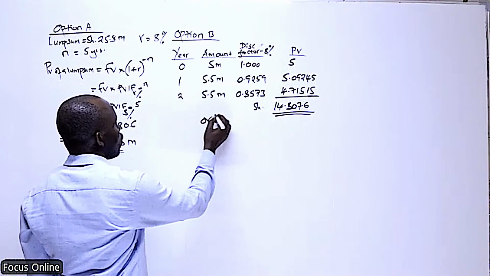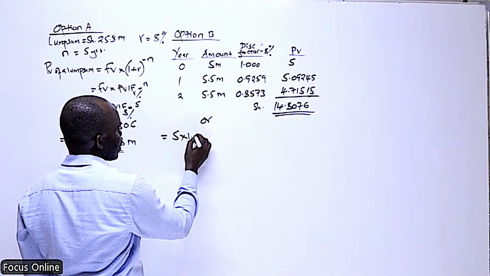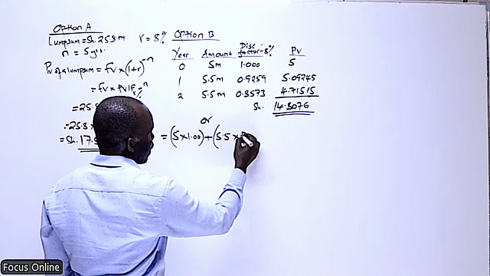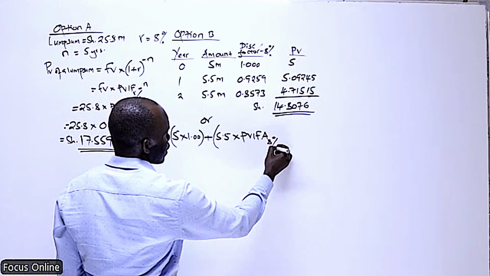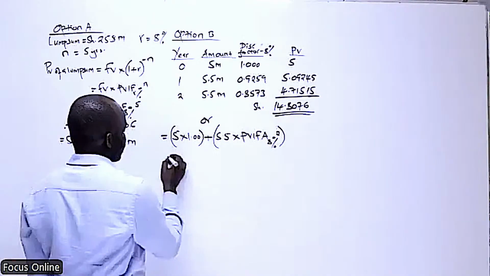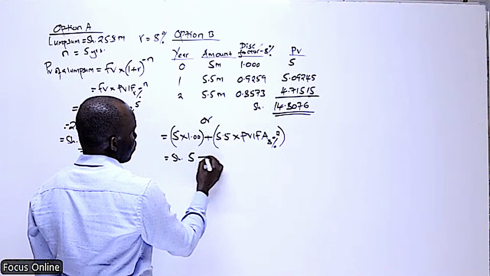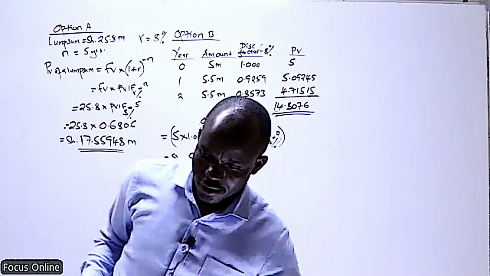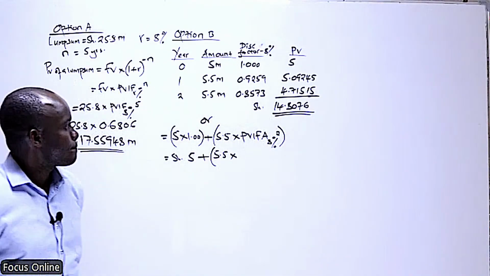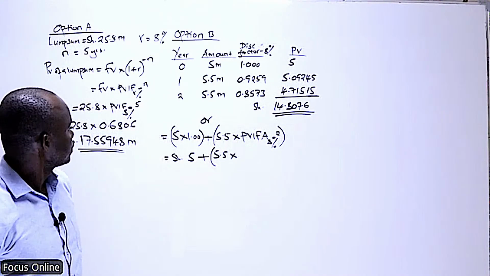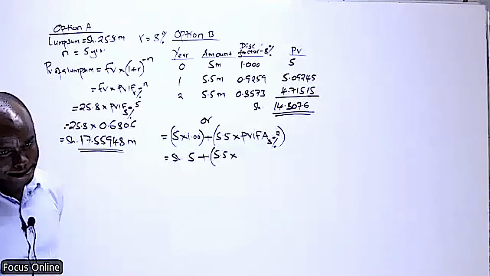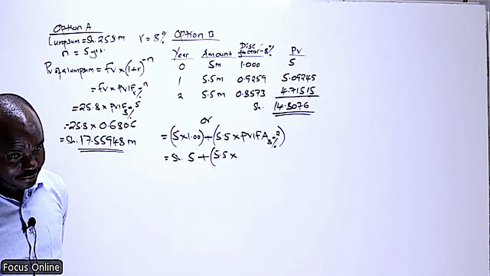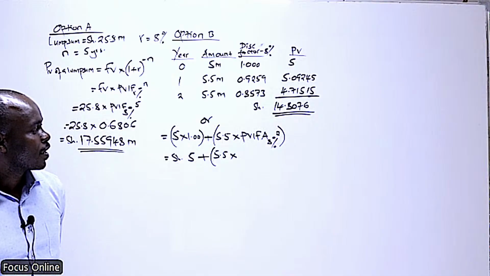So the amount is the 5 million times 1, because that is in present value terms, plus 5.5 million times the present value interest factor annuity, 8% at period 2. Give me this factor.